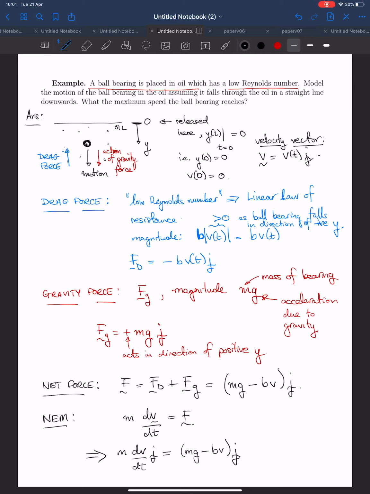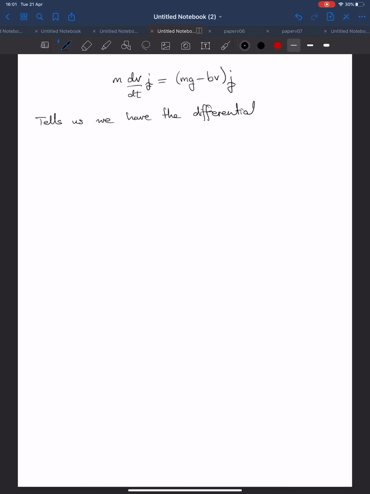A basic argument from analysis of vectors tells us these two sides are only equal if the components of the vectors are equal. So we have the ODE, the differential equation: m dv by dt equals mg minus bv.